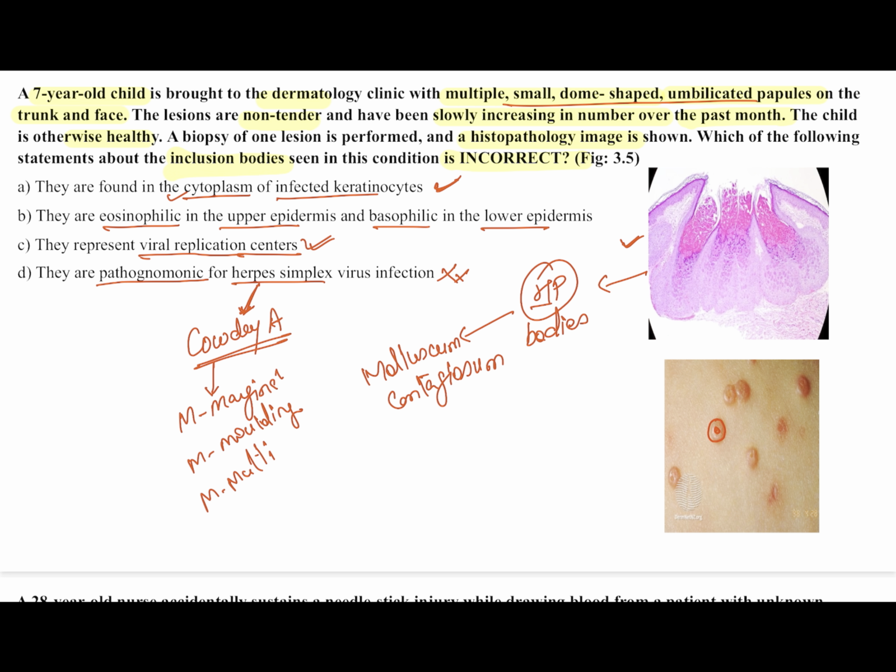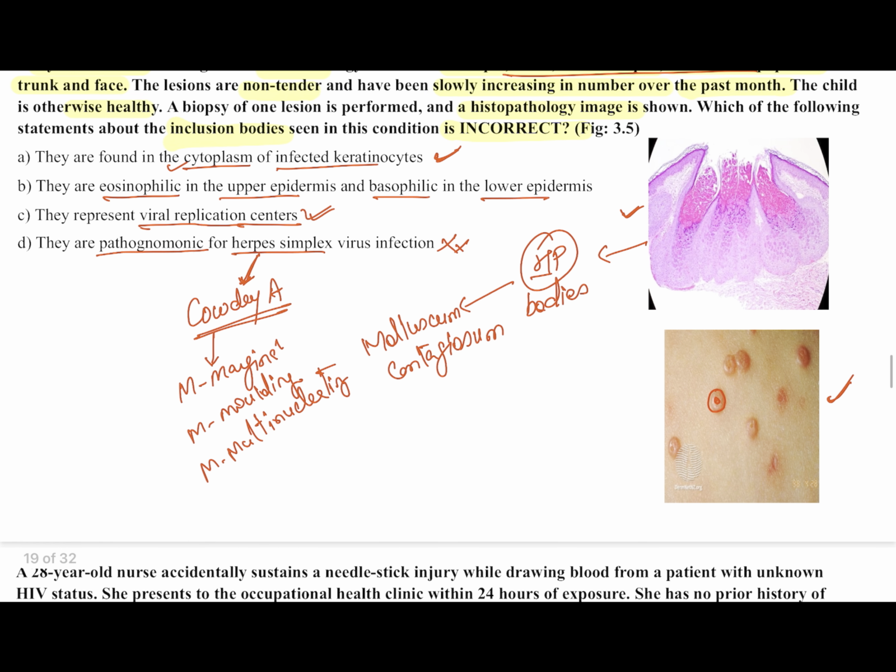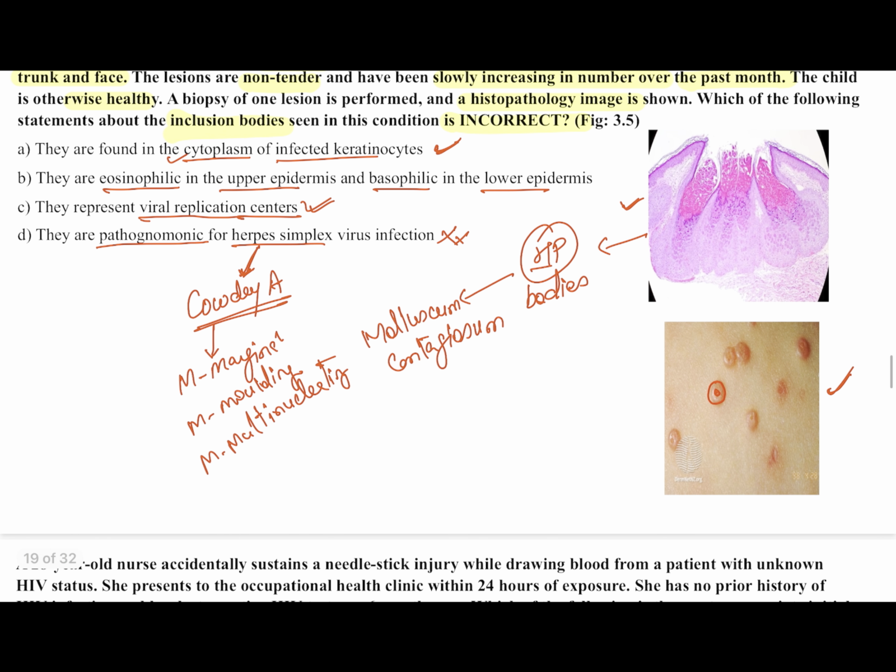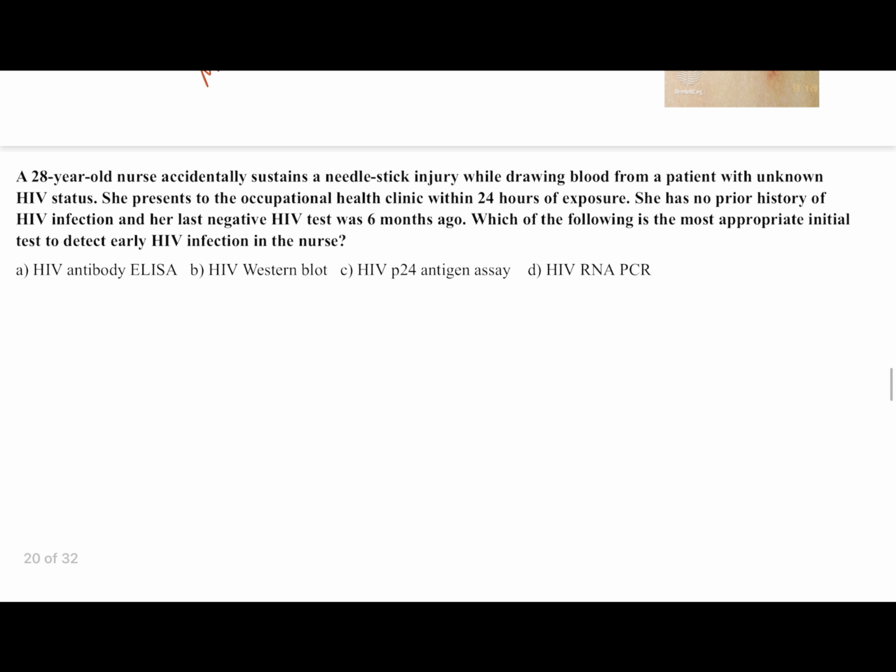So they will be multinucleated, with molding and margination of chromatin. Henderson-Patterson body you will see specifically in cases of molluscum contagiosum, and the patient will present with these types of umbilicated rashes. Okay, so the correct answer will be D. So here the answer will be D.